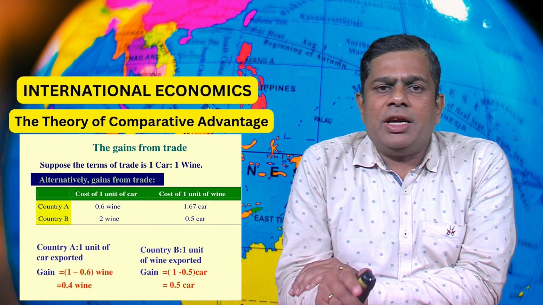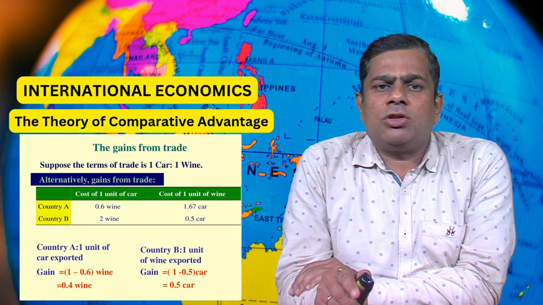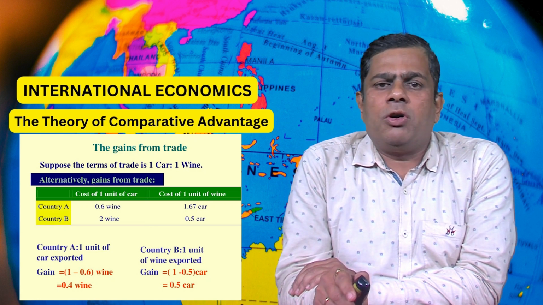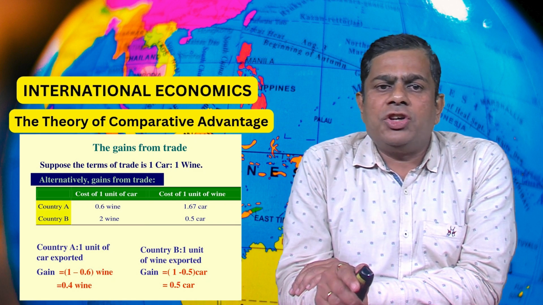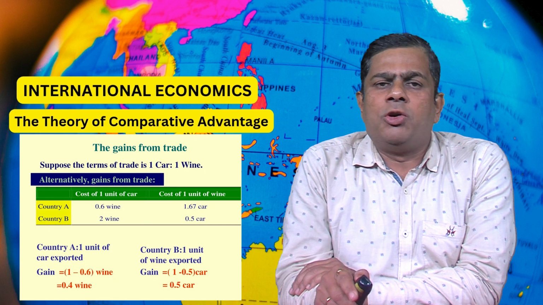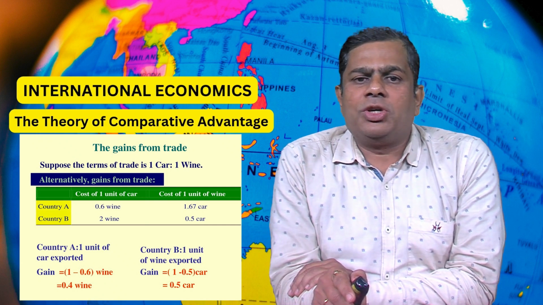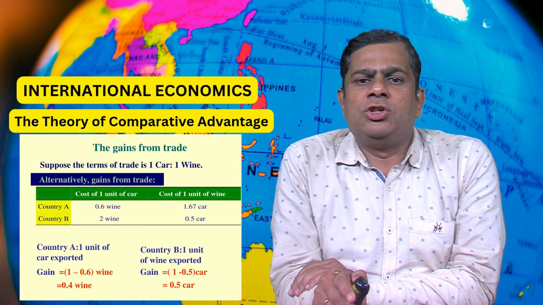For country B, it is 2 wine for the cost of 1 unit of car, and 0.5 car for the cost of 1 unit of wine. Country A exporting 1 unit of car gains 1 minus 0.6 wine, equal to 0.4 wine, and country B exporting 1 unit of wine gains 1 minus 0.5 car, equal to 0.5 car.